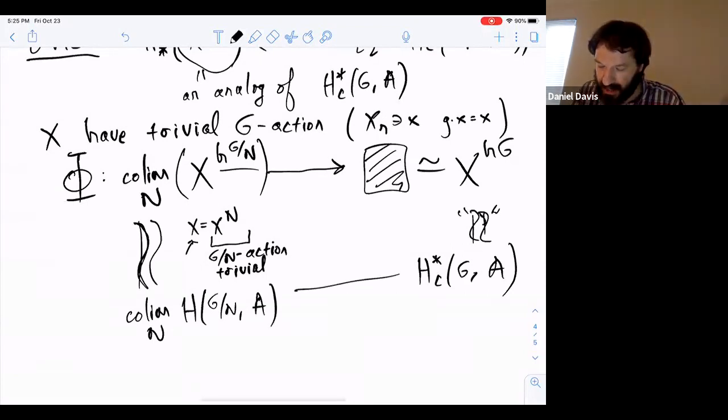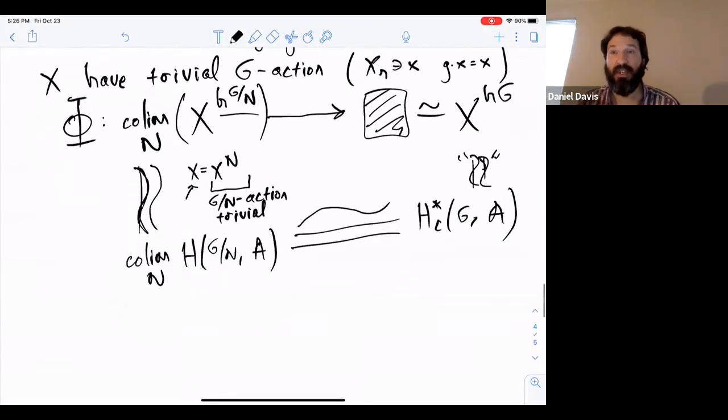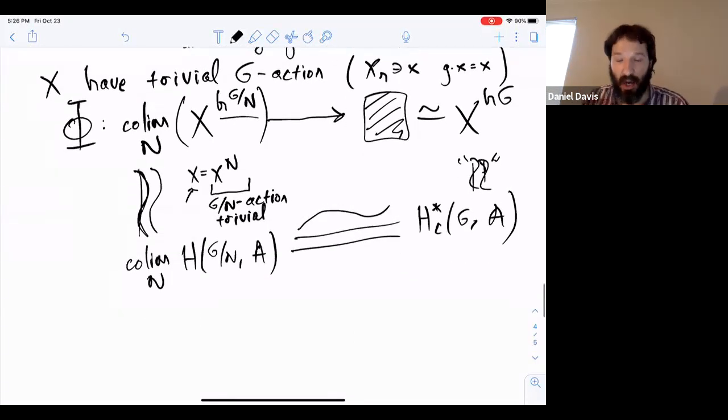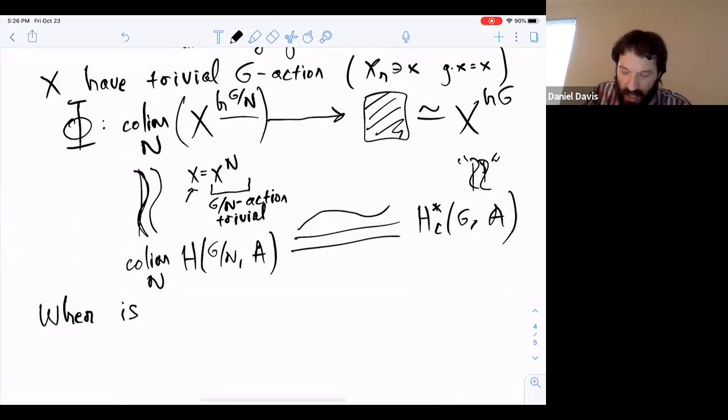And classically, we always have an isomorphism here, okay? And what we're interested in is an analog of this in the setting of spectra. And so the question is, when is phi an equivalence?